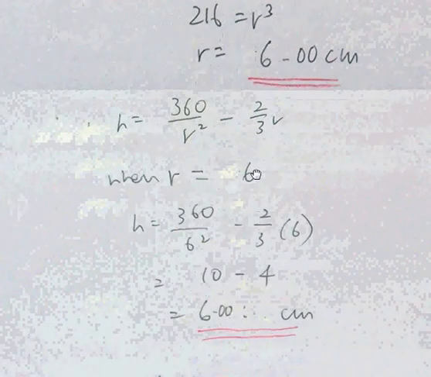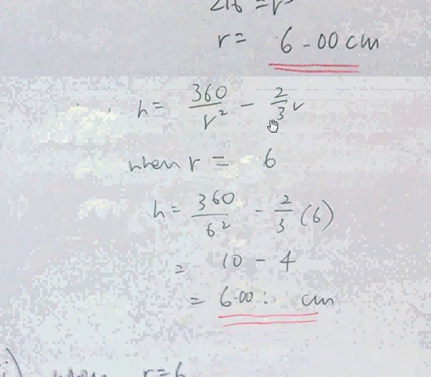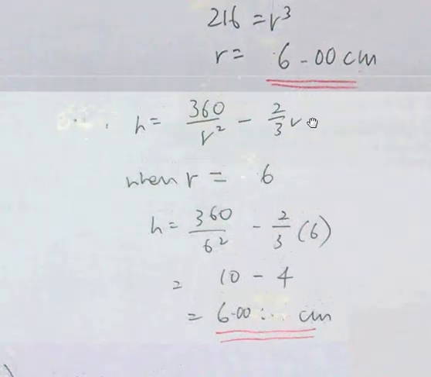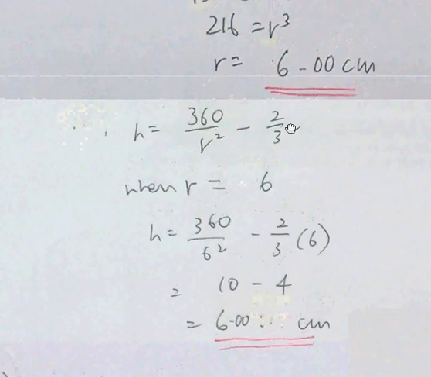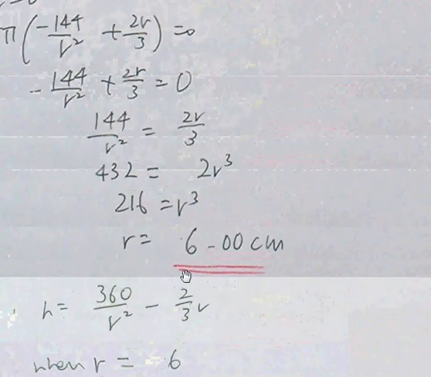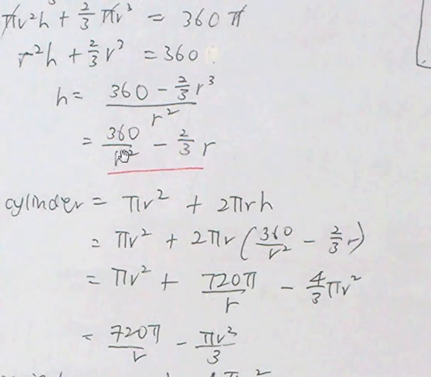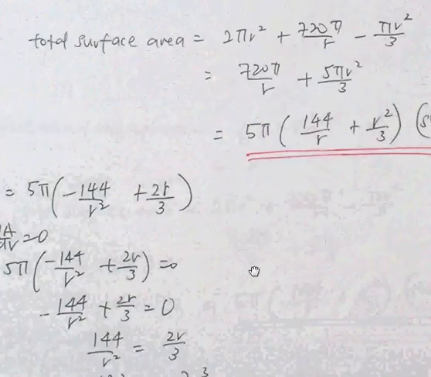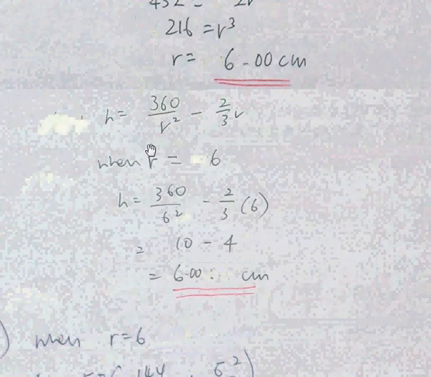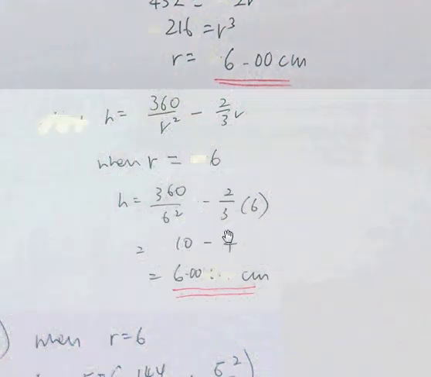For part 2, to find the overall height of the body when A has a stationary value, we have to substitute the value of r, which we have found to be 6, into the equation which we found earlier for h. So h equals 360 over r squared minus 2 over 3 r. So h equals 360 over 6 squared minus 2 over 3 times 6, which equals 10 minus 4 equals 6 cm.